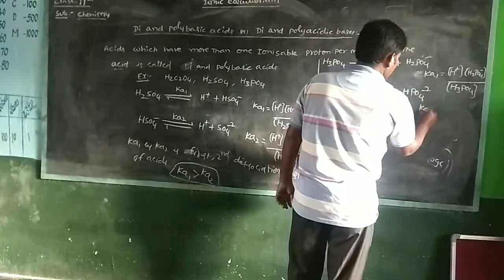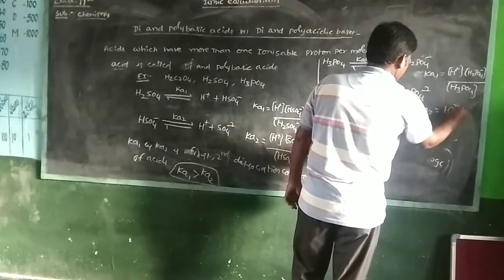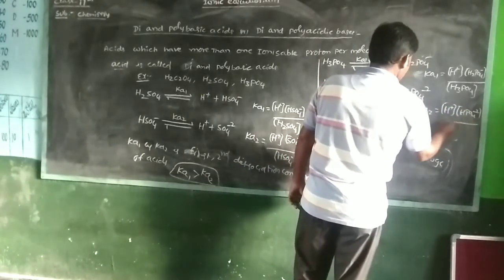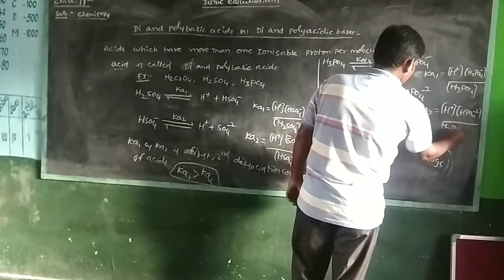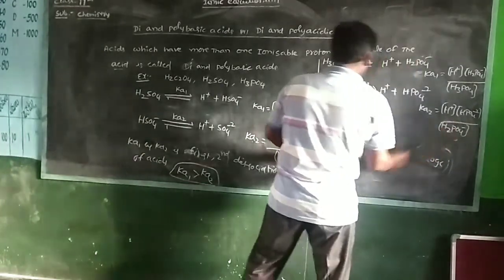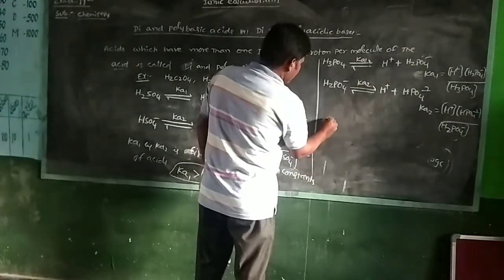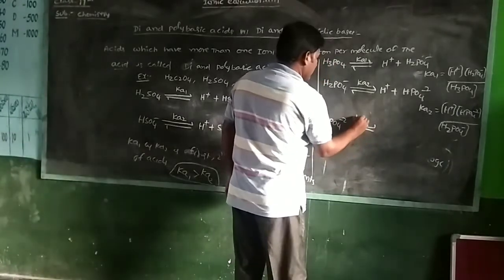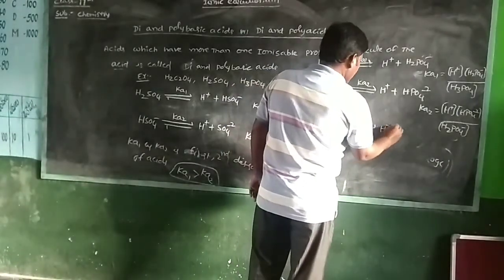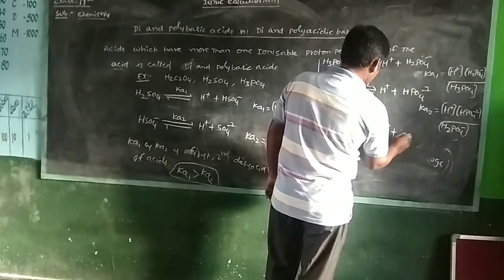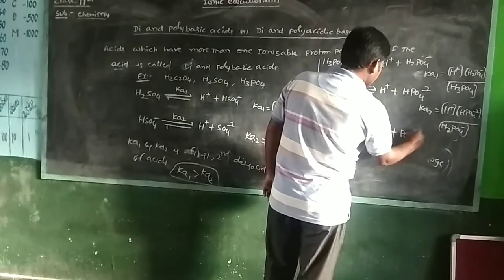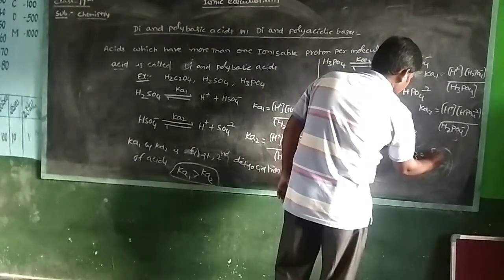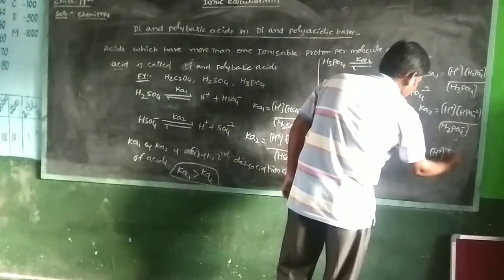Ka2 is equal to H plus concentration times HPO4 minus 2 concentration upon H2PO4 minus. Then HPO4 minus 2 in a reversible reaction gives H plus and PO4 minus 3. Ka3 is H plus concentration times PO4 minus 3 concentration upon HPO4 minus 2.